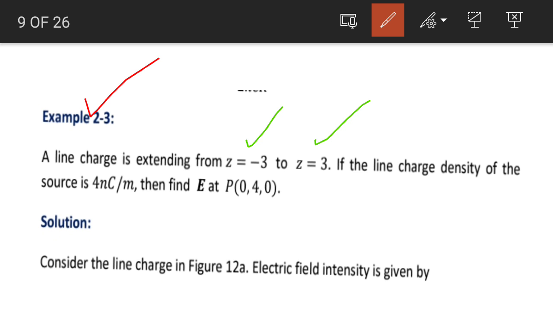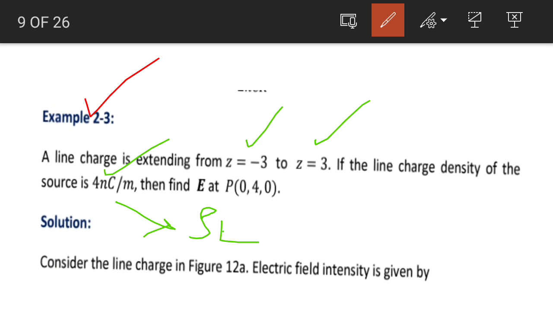The line charge density of the line source is known, which is 4 nanocoulomb per meter. So this is rho L, the line charge density of the source.